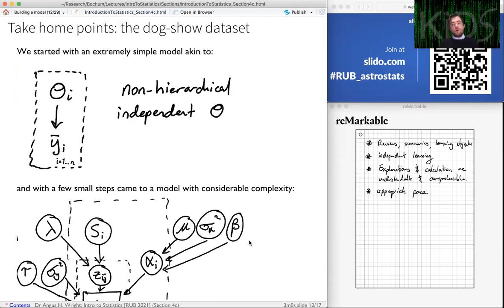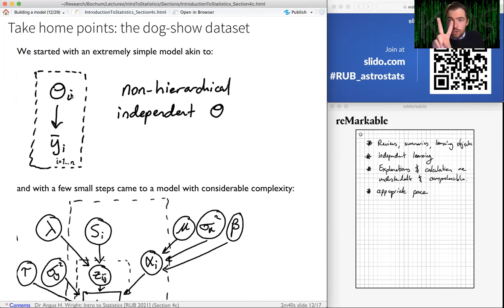Why did we go through this whole process? We started out with a model that was not dissimilar from this: there's a bunch of observations, yi, and they are governed by some parameter, which is the mean of the distribution of reaction times.